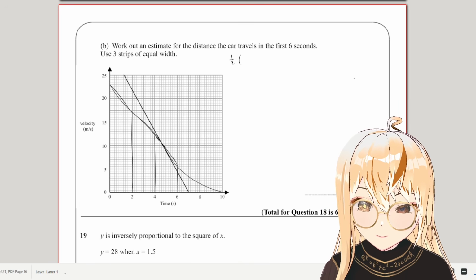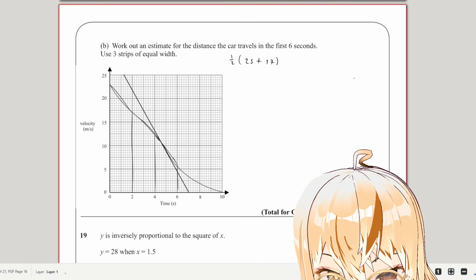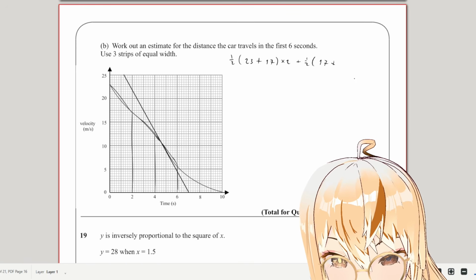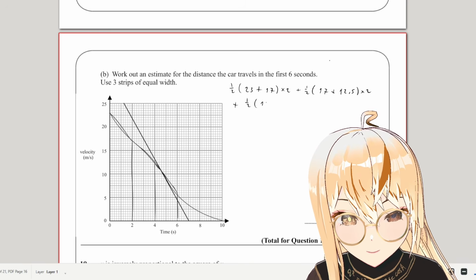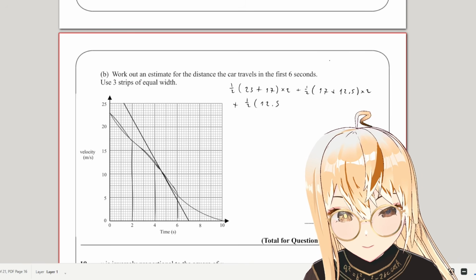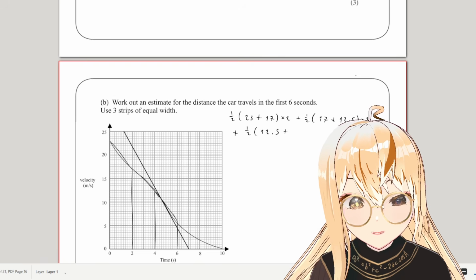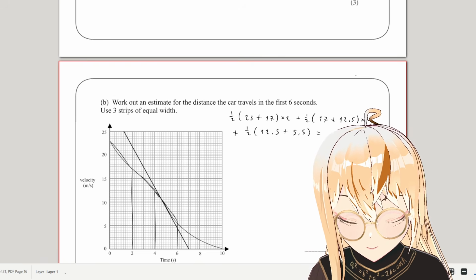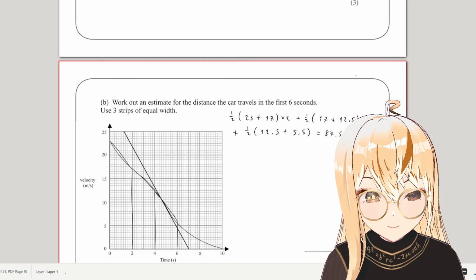Now h for all of these is 2. I don't think you can really see it with the lines drawn on, but that middle one is actually 12.5, not 12. And the last one is 5.5. So that just gives 87.5 meters.